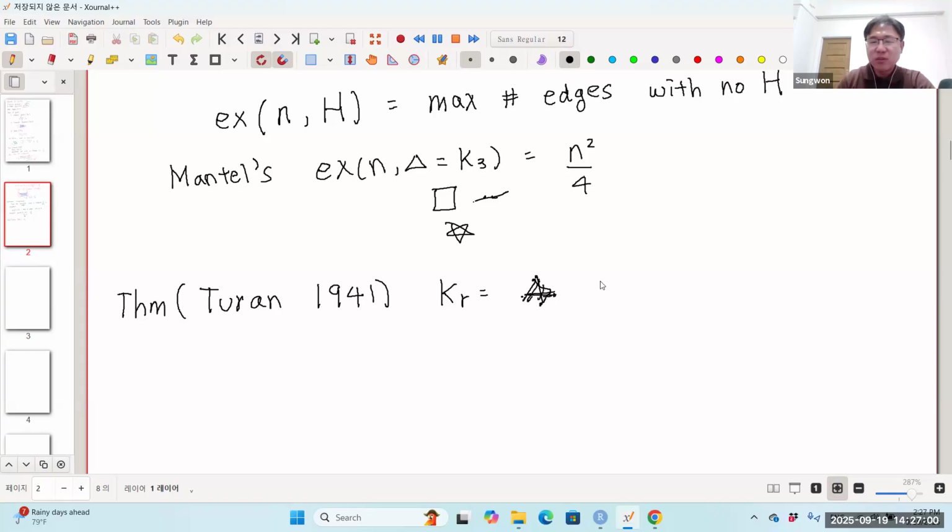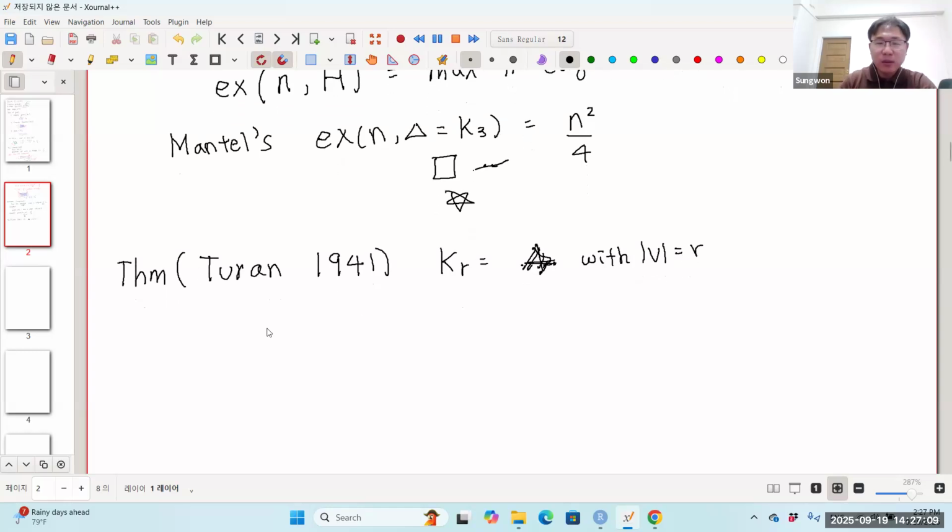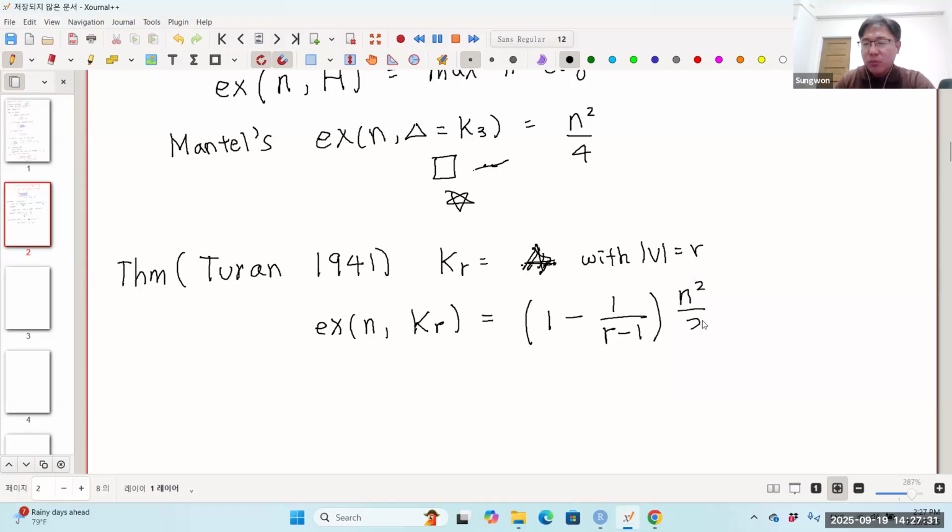That's all vertices with V equal to r, right? The complete graph. And the extremal number of this complete graph with the r vertices is (1 minus 1 over r minus 1) times n squared over 2.